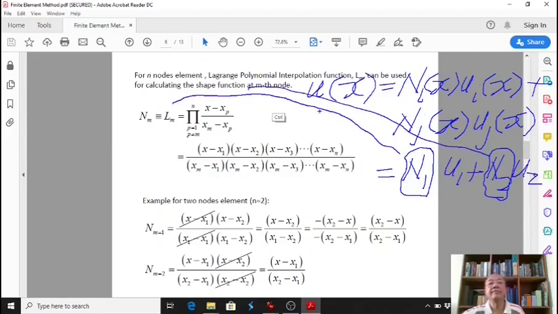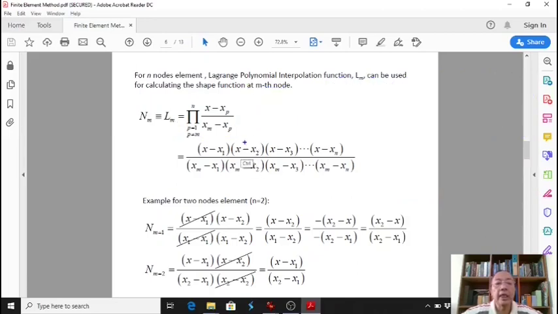So generally, Nm is this: we use x minus xp, where p is an index that starts with 1, but we have a condition that p must not equal m.